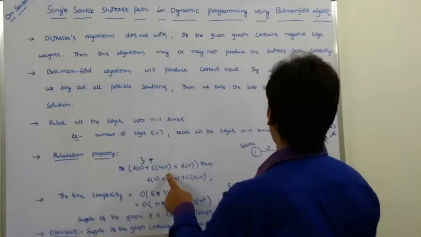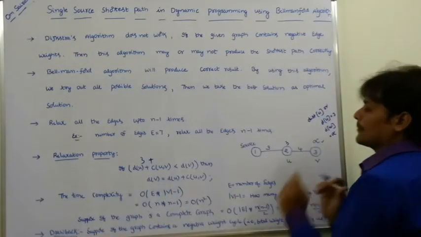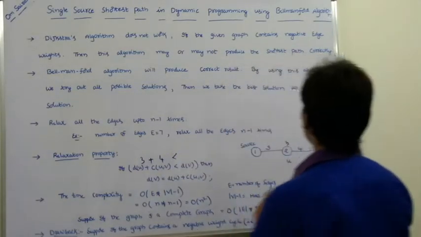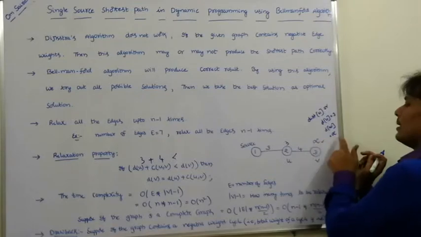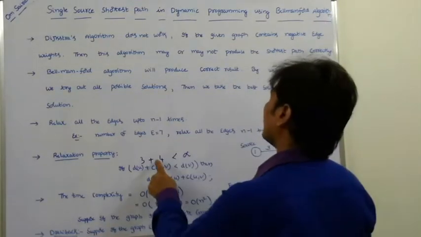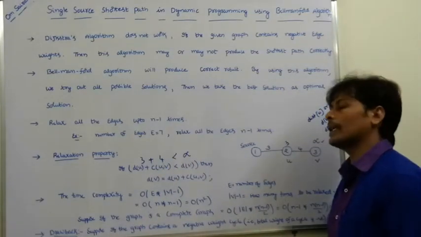The pair u, v is an edge. What is the cost of the edge u, v? That is 4. So 3 plus 4 is 7, which is less than d of v, which is infinity. So 7 is less than infinity, and the condition is true.